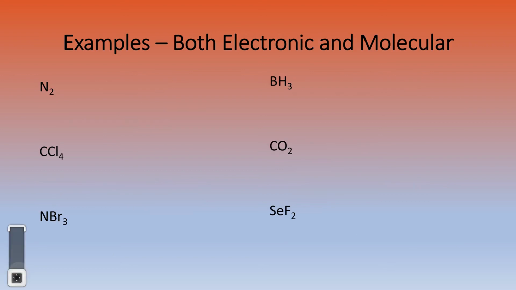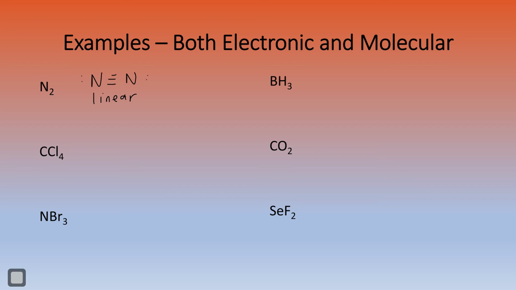So here we go. What I get here is, again, the electronic and molecular geometry. And again, they could possibly be the same. For N2, we learned that one should have been a triple bond. This would be linear for both electronic and molecular. That triple bond does not bend, so that's a linear shape, and it's only 2 atoms.